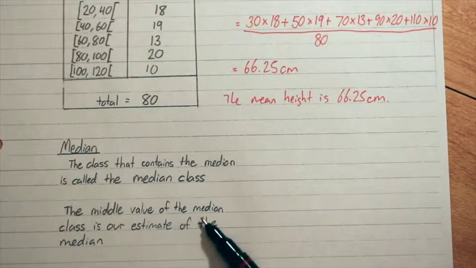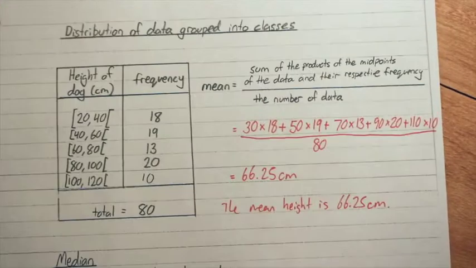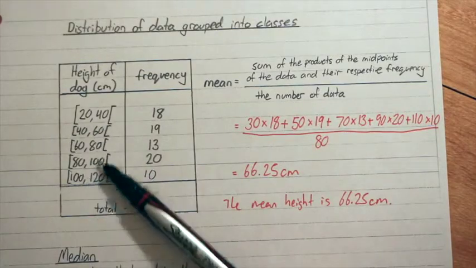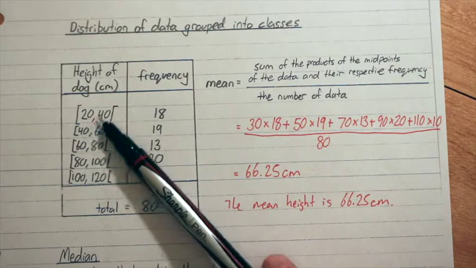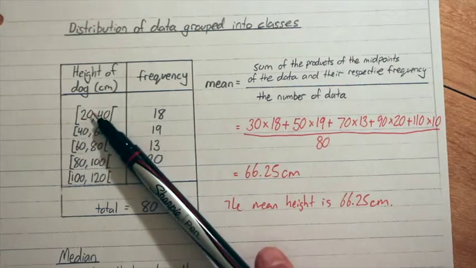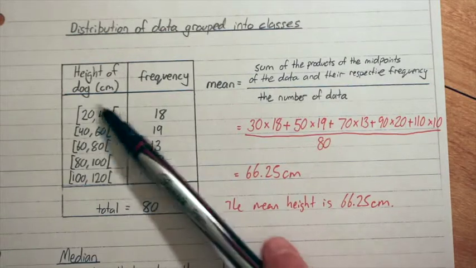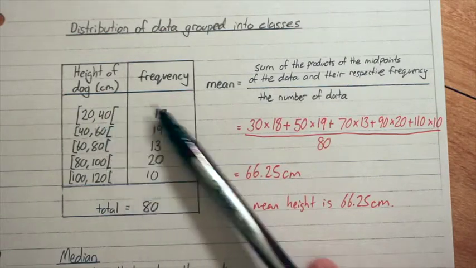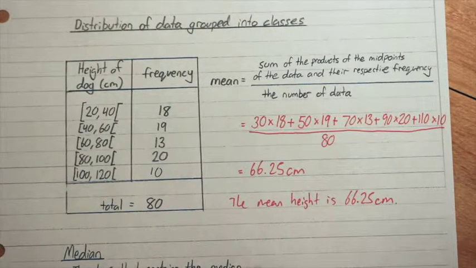The middle value of the median class is our estimate of the median. So again, we don't know which numbers exactly are in here. This number could be all 21s or it could be 25, 35, all these different values. We just know that we have numbers that appear in this class 18 times. So we need a number to stand in for it so we can do our calculations.